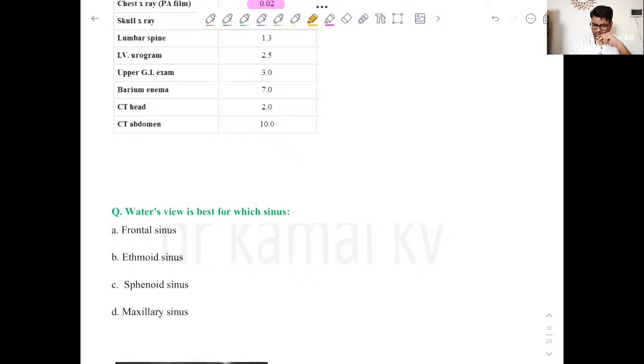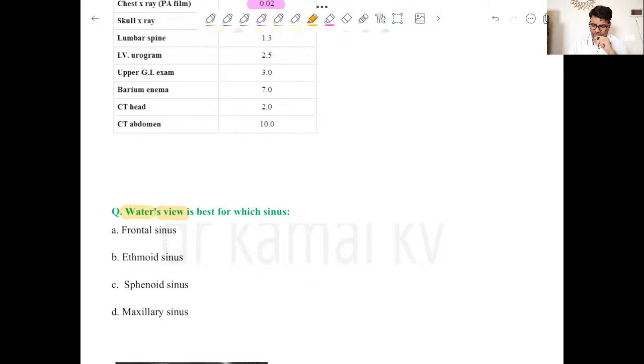Now moving forward to Waters' view. What sinus is visualized nicely in Waters' view? Waters' view, any idea? Very good, KK.